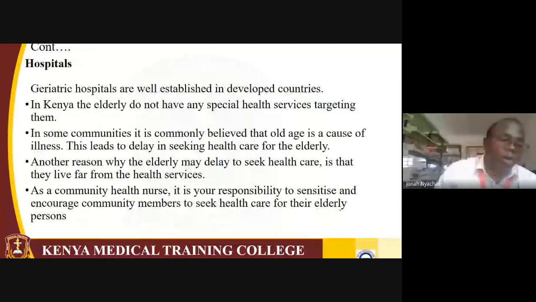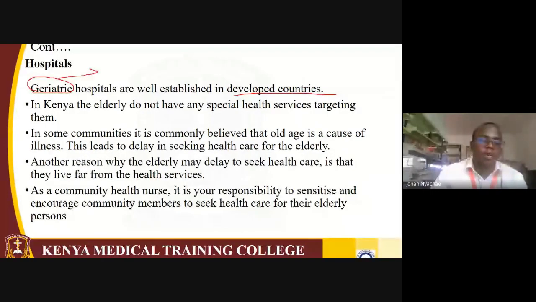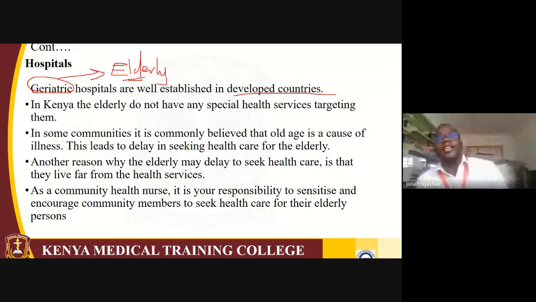We also have hospitals, where geriatric hospitals are well established in developed countries, just to take care of the aged or the elderly. Actually, elderly is a respectable way of saying this person is aged.